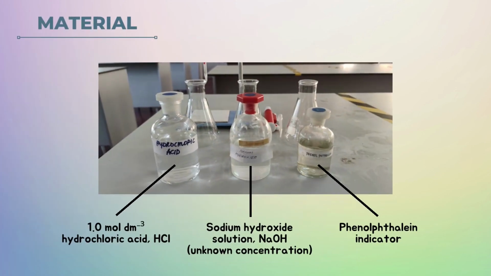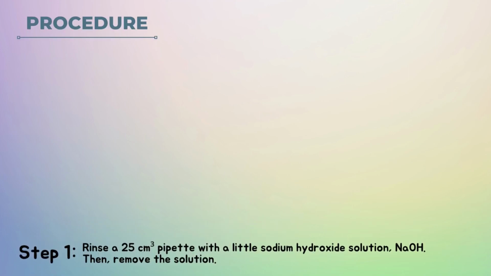And these are the materials we will be using for this experiment. They are 1 mol/dm³ hydrochloric acid, HCl, sodium hydroxide solution, NaOH, with an unknown concentration, and lastly, phenolphthalein indicator. Now, it's time to get to work.